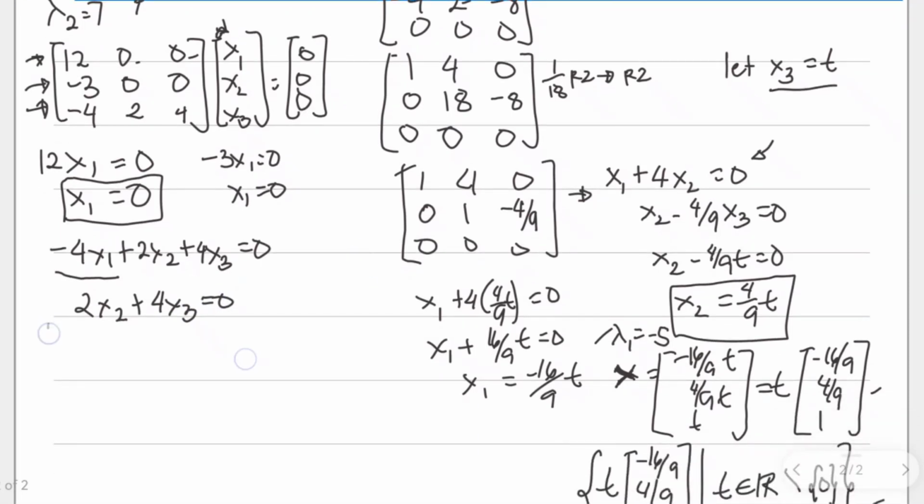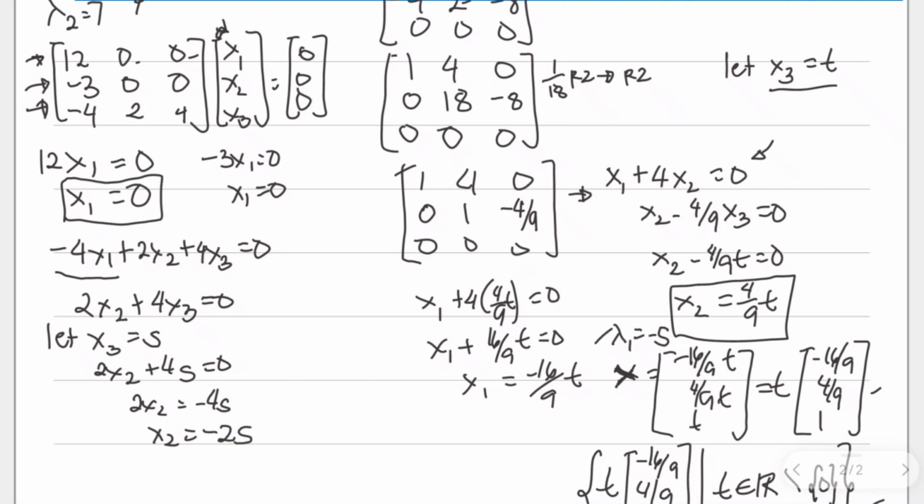There are two variables now. So again, we will let x sub 3 be an arbitrary constant s. In short, 2x sub 2 plus 4s equal to 0. You will have 2x sub 2 is equal to negative 4s, and then your x sub 2 is equal to negative 2s.